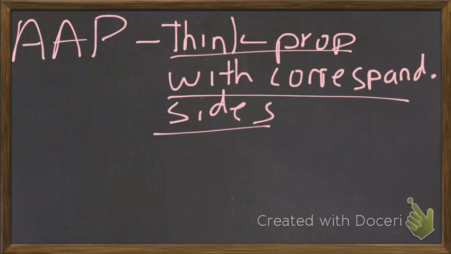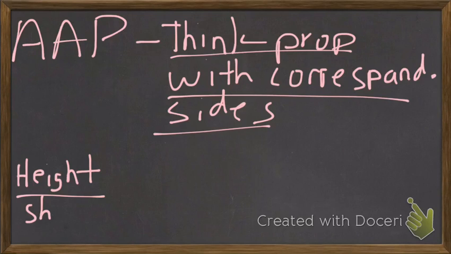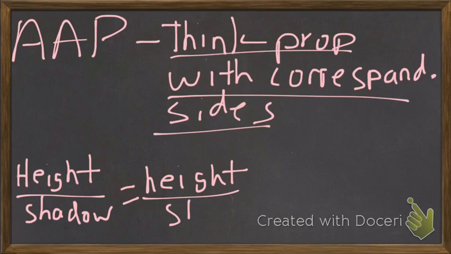If you remember that, you'll be in great shape. The moment you see two angles equal to two angles in a triangle, you know you can set up a proportion. The other thing to remember is height is to shadow for these certain types of problems. Height is to shadow as height is to shadow.